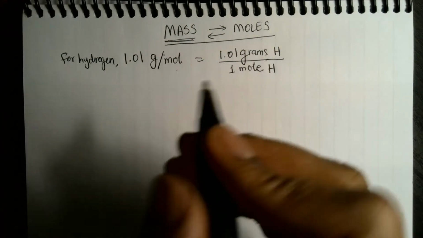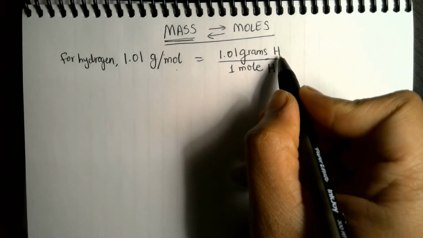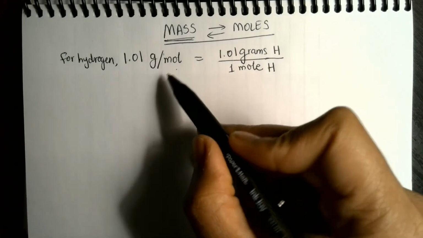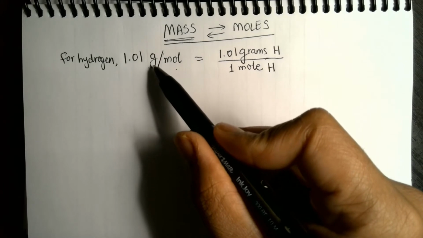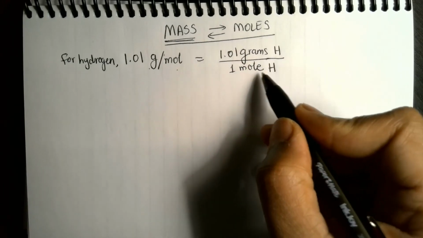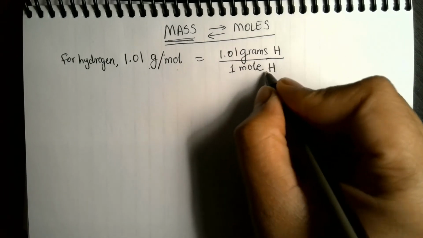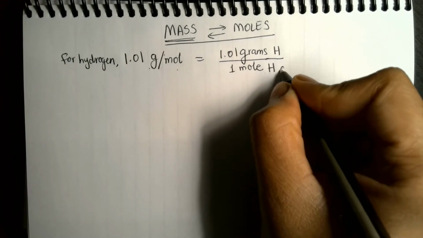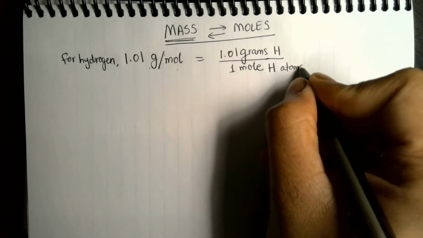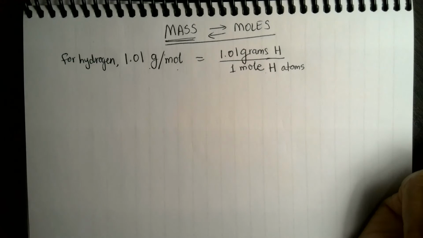Because we're dealing with just hydrogen by itself, that atomic mass is for hydrogen as an atom. This is 1 mole of hydrogen atoms. You're not looking at the diatomic molecules.